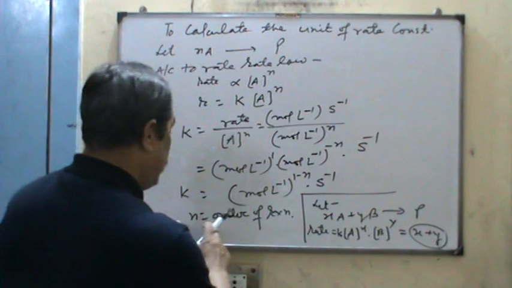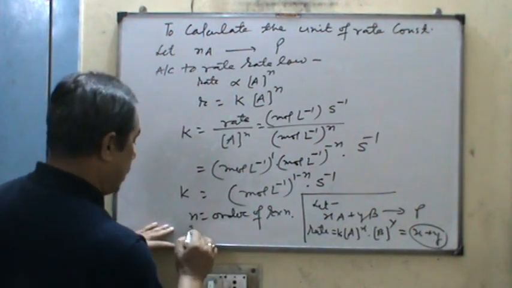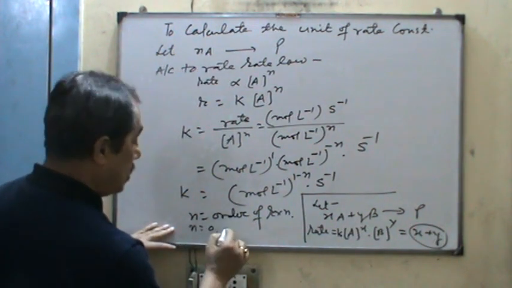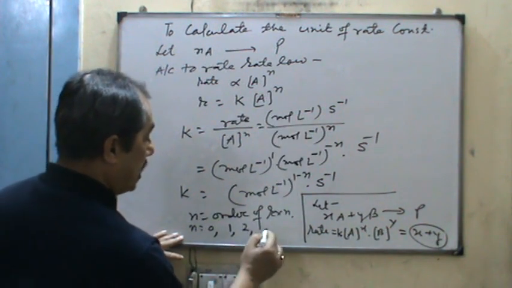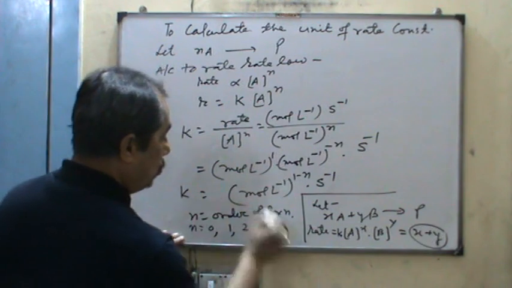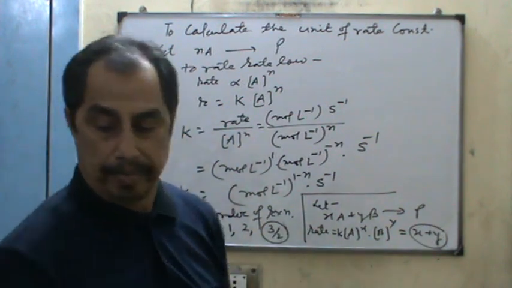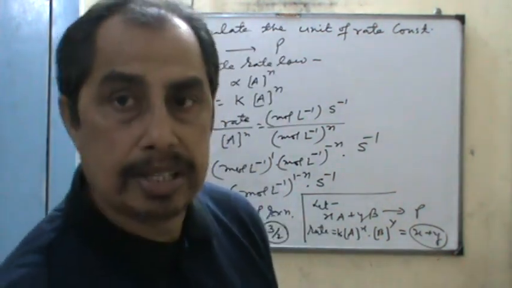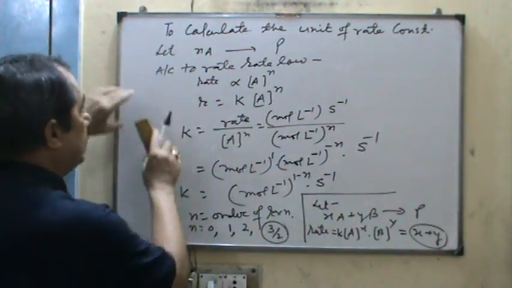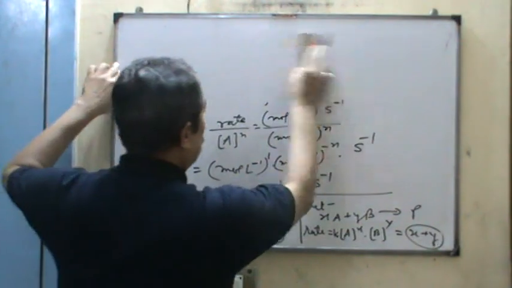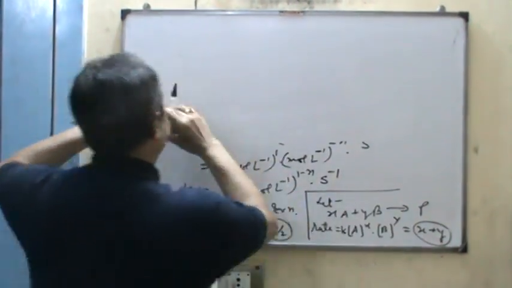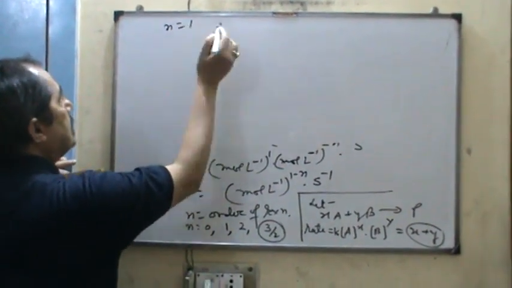Right? So if n is the order of reaction, then n can be 0, zero order reaction; n can be 1, first order reaction; n can be 2, second order reaction; n can be 3/2, fractional order of reaction. So any type of question you can solve by taking this formula. Now you take n equal to 1. If n is equal to 1, it is the first order reaction.